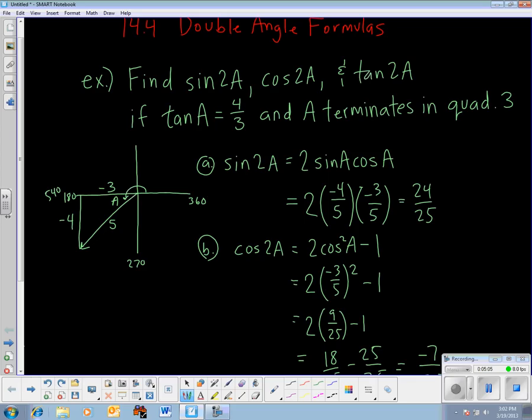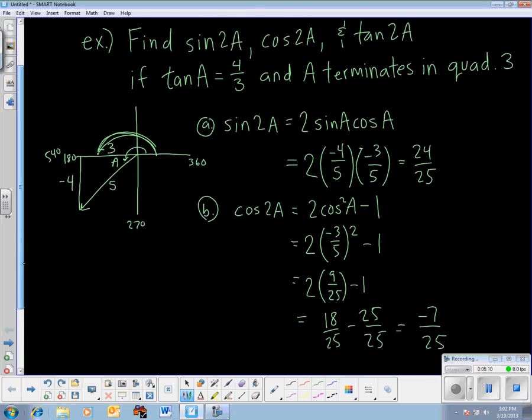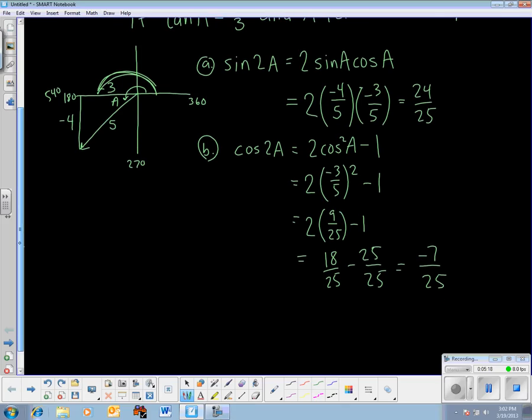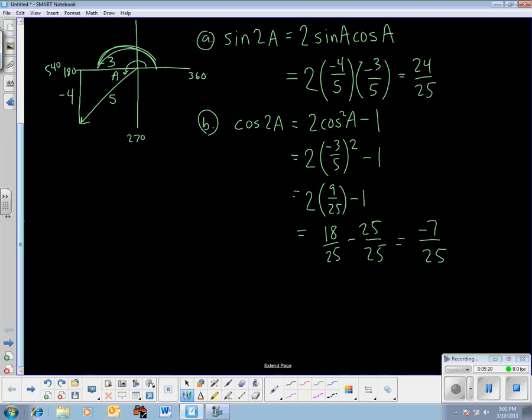So 2A is going to be somewhere up here on the top. I just wanted to bring that up because the values that you're getting aren't the sines and cosines of this triangle that we drew. They're the sines and cosines of doubling that angle, wherever that angle happens to be. It's just you skip the step of actually finding what that angle is, because we're working by hand, not with a calculator.